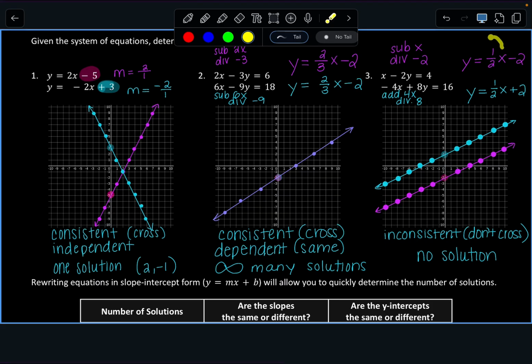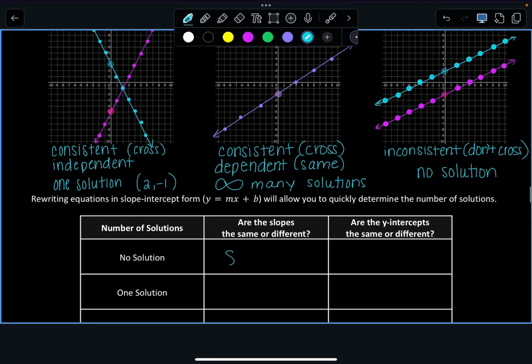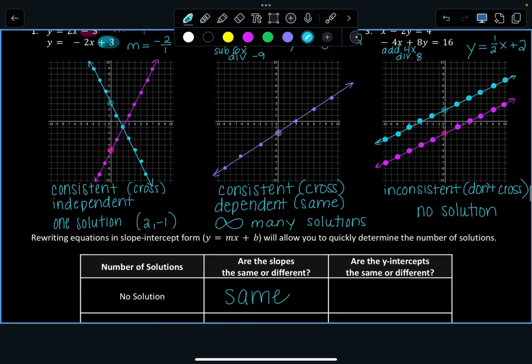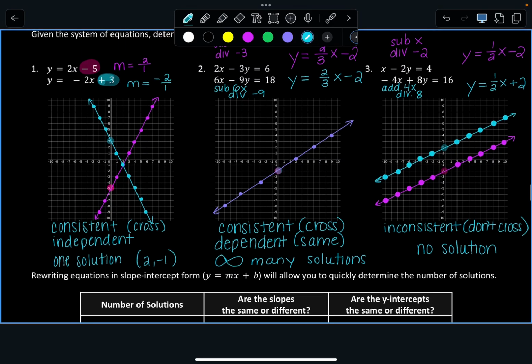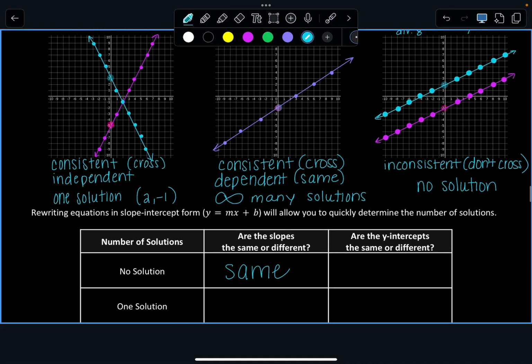What do you notice? Same slope. But what about their y-intercepts? Their starting points, what do you notice there? They're different. So if two equations have the same slope but a different starting point or y-intercept, they're going to be parallel, which means no solution.